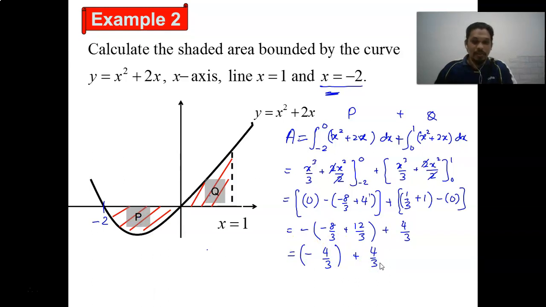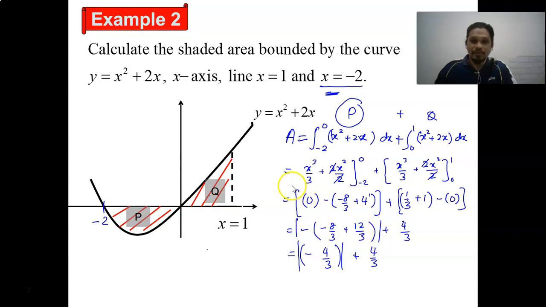Well, look at this one here now. This is negative. This represents the area of P, which is below the x-axis, and the area of P is negative, right? Negative is not the size of the area. It shows the position or location of the area, which is below the x-axis. So that's why we come out with this sign.